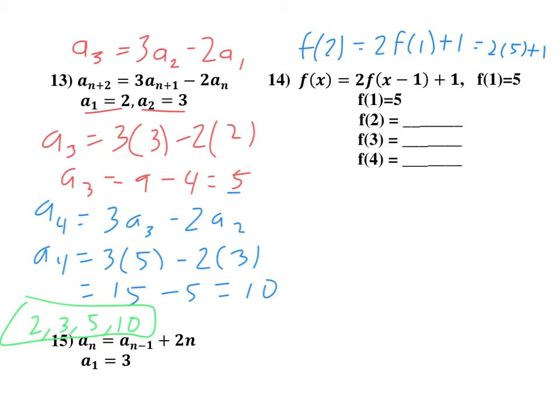So I'm still just doing the same thing as before, plugging in the previous term in that spot. So that's going to be 10 plus 1, that'll be 11. So now f of 3 would be 2 times the previous term plus 1, 23. And then 2 times the previous term plus 1, that would be 46 plus 1, 47.